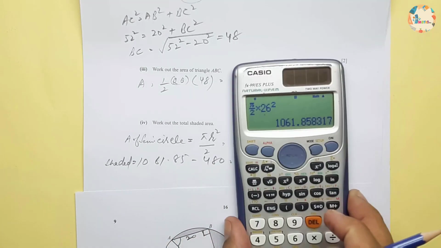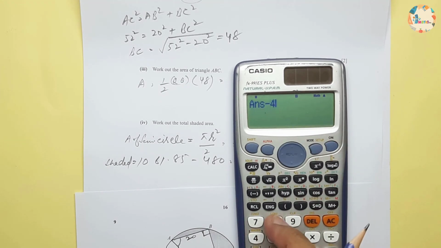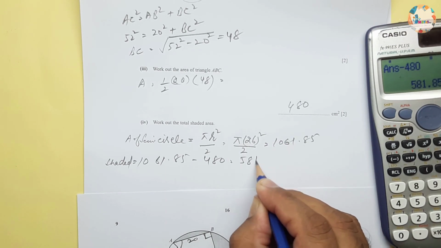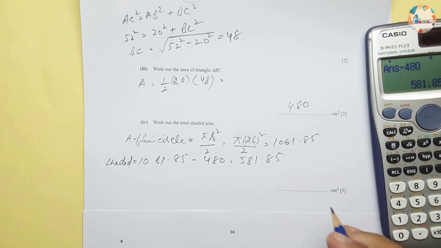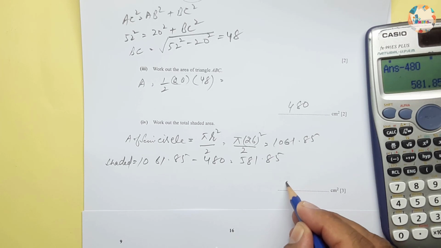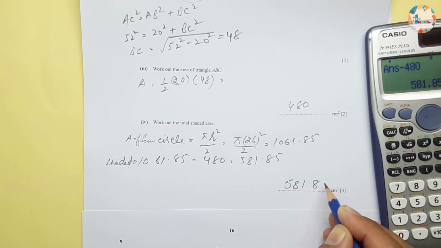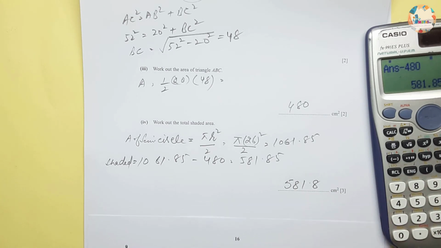This will be equal to 581.85, which is approximately equal to 582.